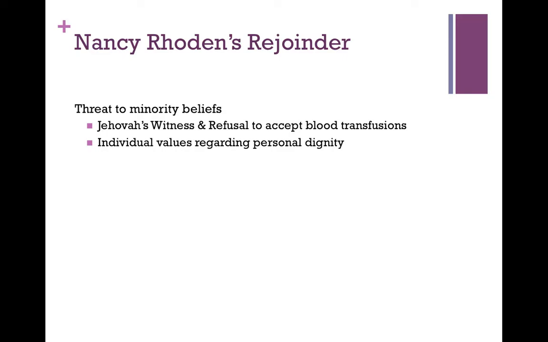What she means by this is that there are certain types of beliefs that people hold that accord with their own sense of dignity and value that might get threatened if all we were concerned about was current quality of life. In particular, she points out that Jehovah's Witnesses, as part of their religious beliefs, refuse to accept blood transfusions. So let's just, for the sake of argument, suppose that we didn't respect a patient's precedent autonomy.